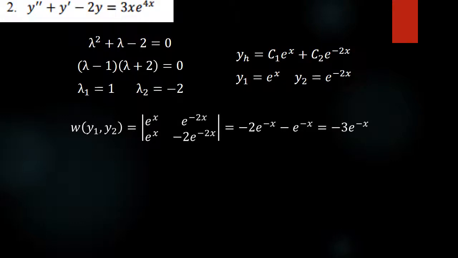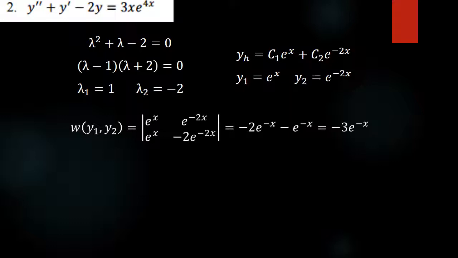Then we solve the matrix and we obtain minus 2 exponential to the power of minus x minus exponential to the power of minus x. This result is equal to minus 3 exponential to the power of minus x.